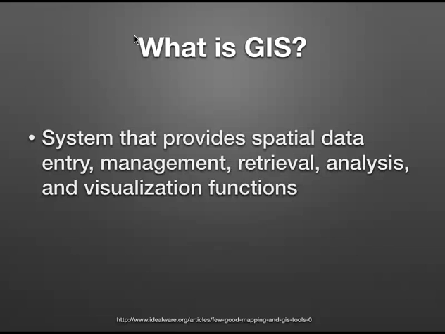The analysis is a big part, being able to apply algorithms to the geographic data to do things like finding locations within a radius. We'll see a couple of examples of that. And then, of course, visualization functions: how do I actually visualize this information on a map?